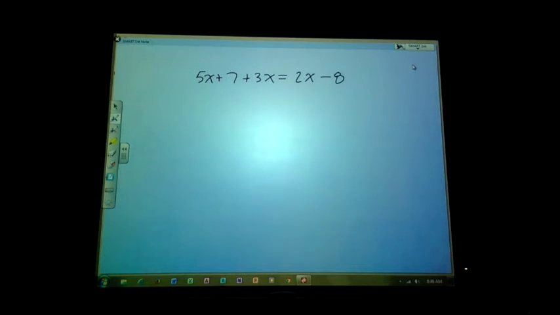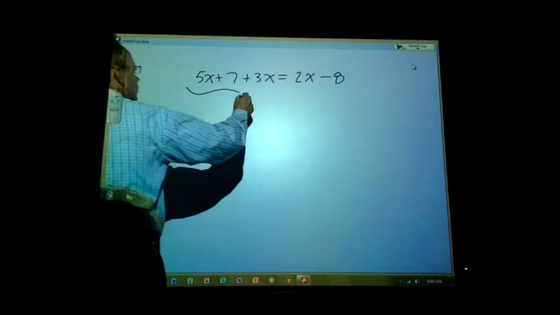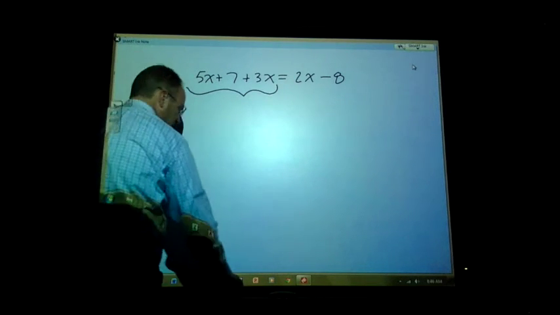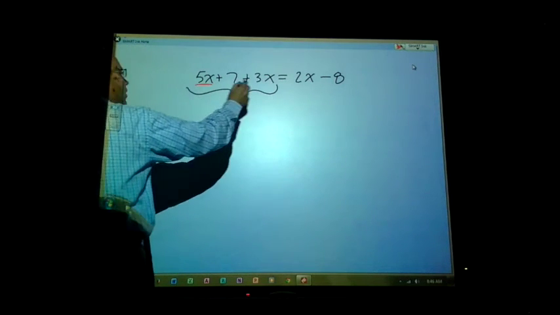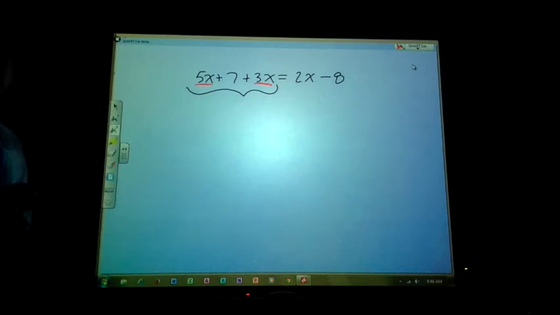Everyone with me on that? So what are the like terms I have on the left side of the equation, meaning the left side of the equal sign? What are my like terms right here? 5x and 3x, okay? So I'm going to add those together. I'm going to combine them. What do I get? 8x.